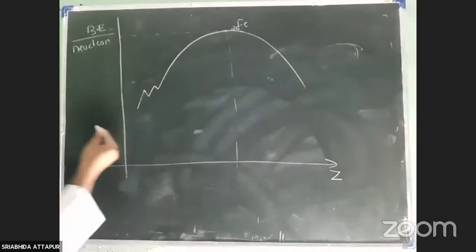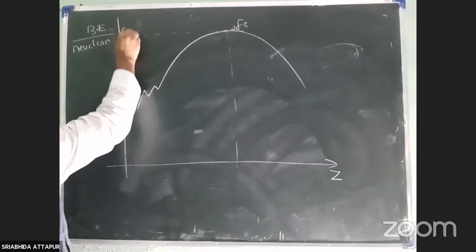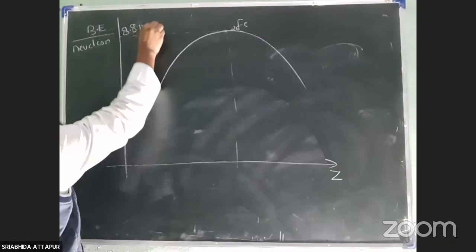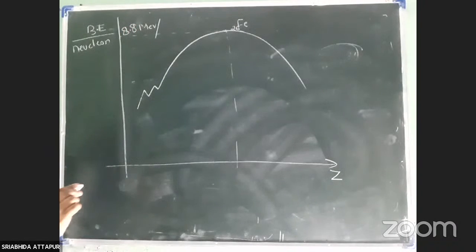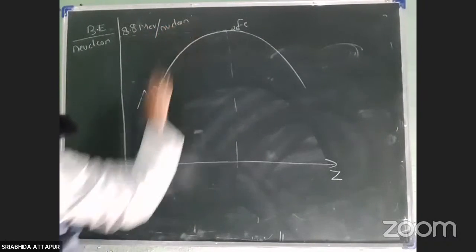That binding energy we got is approximately 8.8 mega electron volt per nucleon. Nucleon, everyone remember.